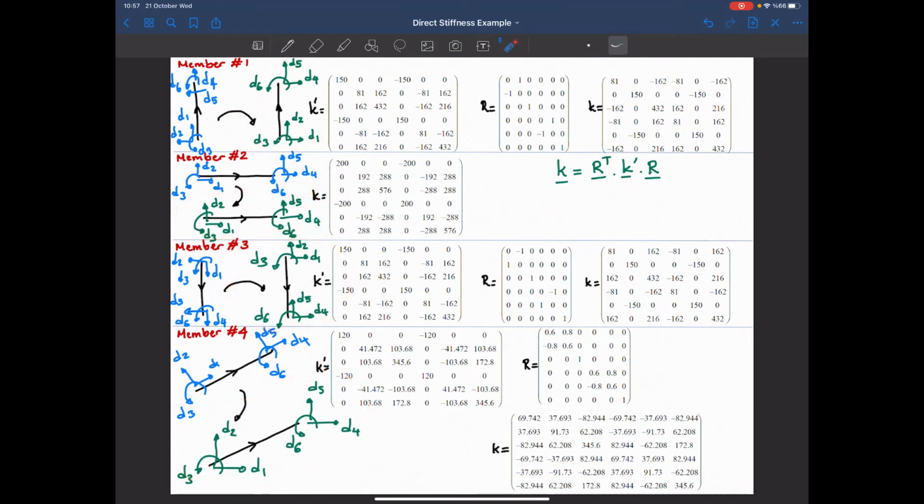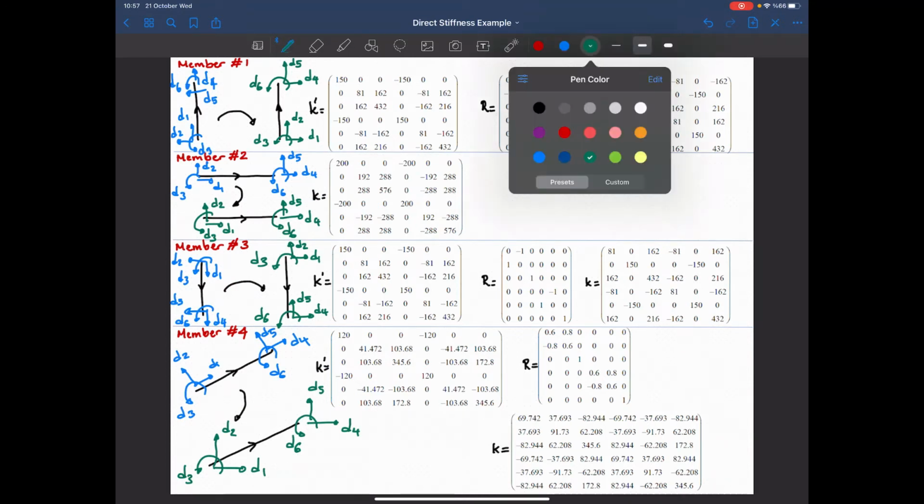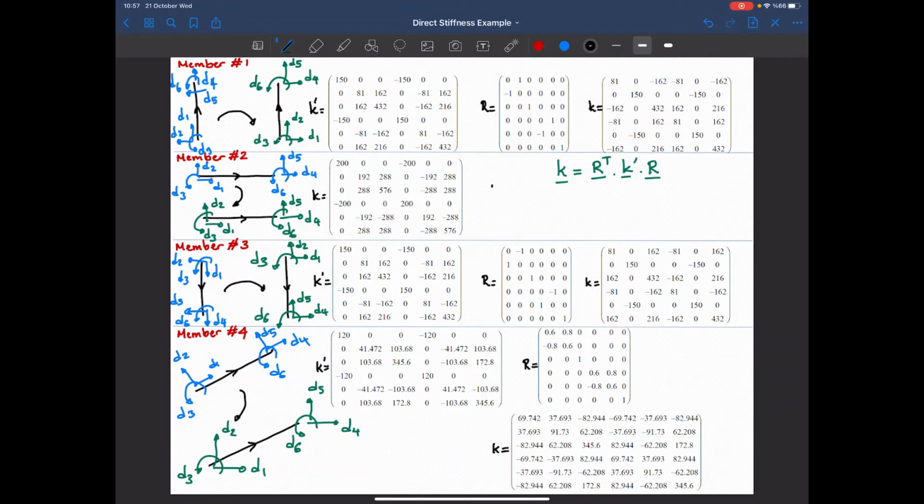Okay? So let me draw our structure one more time here. Right? This is our structure. That's the first member, second, third, and the fourth member. And our structural degrees of freedom are as follows.